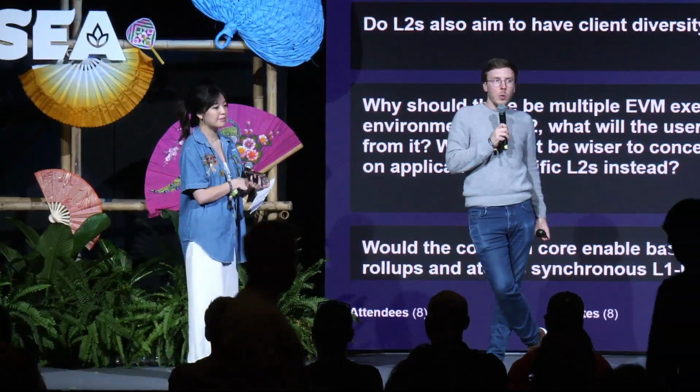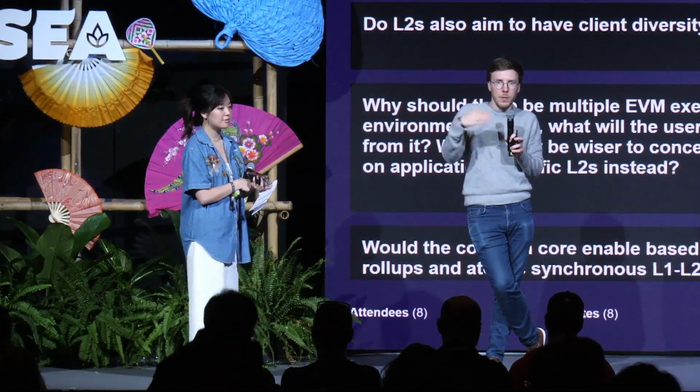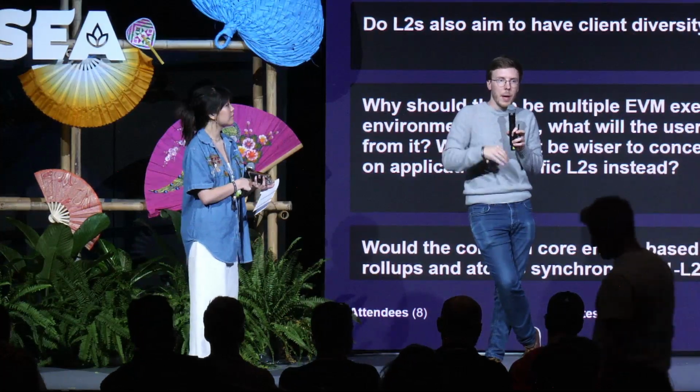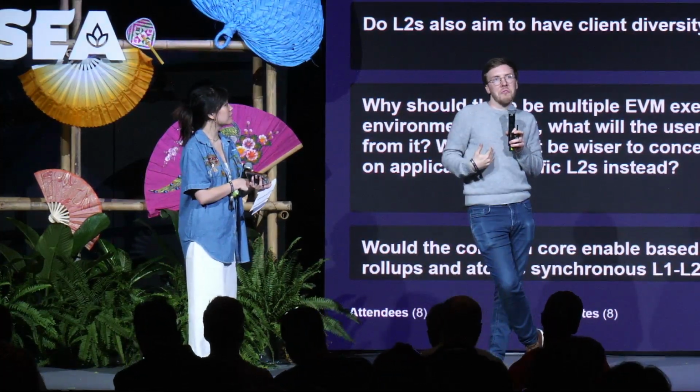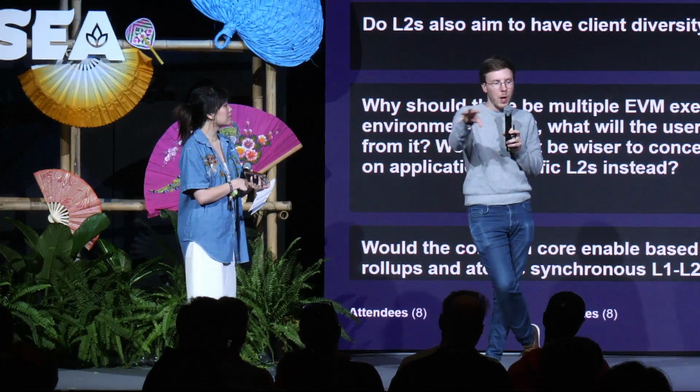How close will L1 and L2 remain, if they start to diverge? I would predict that for the foreseeable while, you can probably write the same code for L1 and L2.